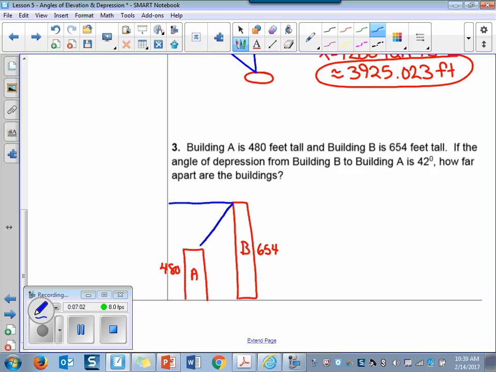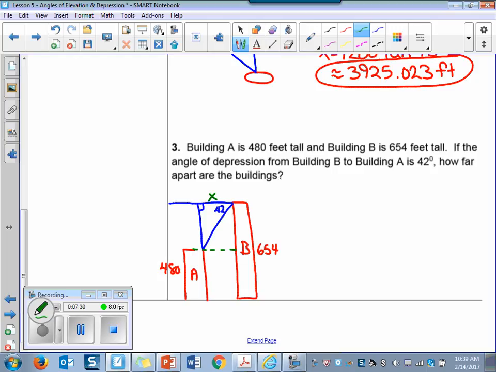My depression is 42 degrees. How far apart are the buildings? I should have made that land right on the corner. Let's see if I can do a better job here. There we go. Okay, well, first off, I want to know how far apart are the buildings, right?